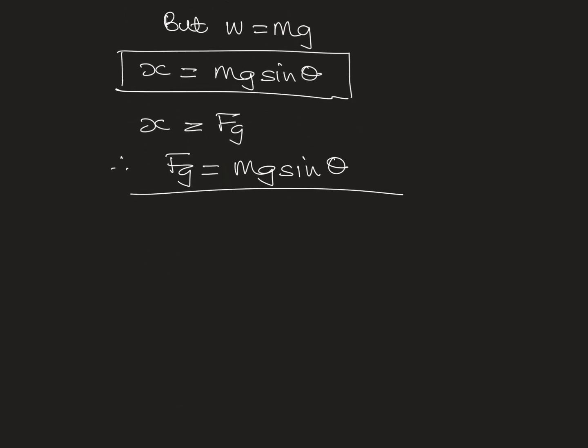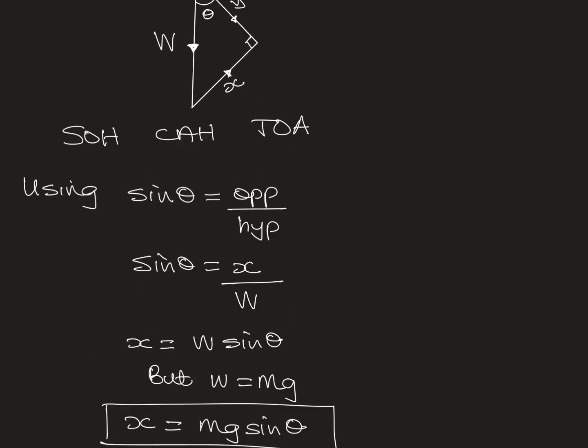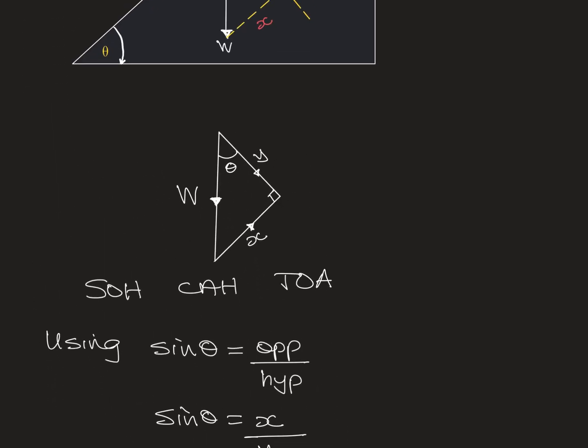Now, if we use cos theta is equal to adjacent over hypotenuse. Cos of the angle theta will be equal to the adjacent, which is going to be y, right?